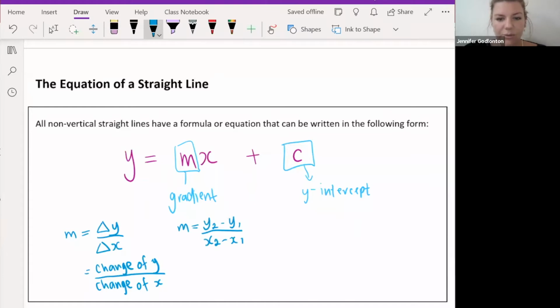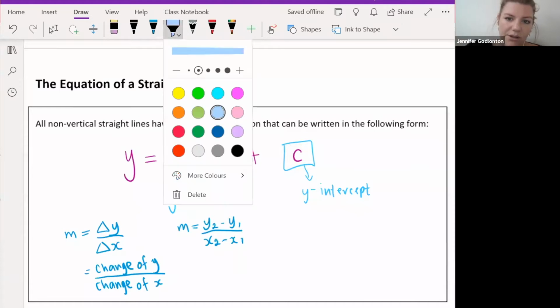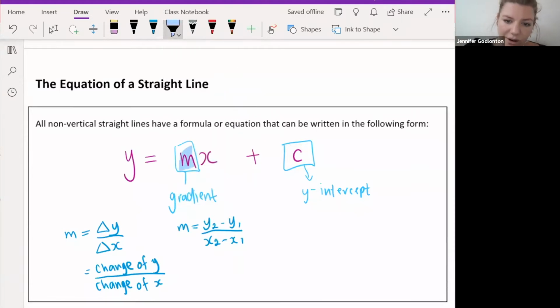When we're looking for our gradients, these are the things that we're really going to focus on. I just want you to make sure that you are super happy with this. Let me highlight it for a second. We are going to be playing with this equation quite a lot today, so if you would like to take a screenshot, this would be the time.